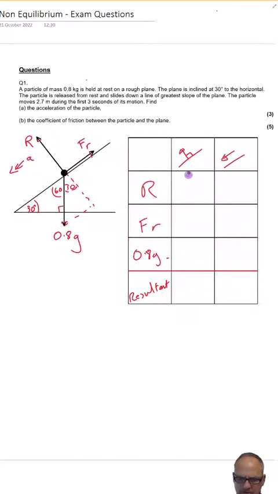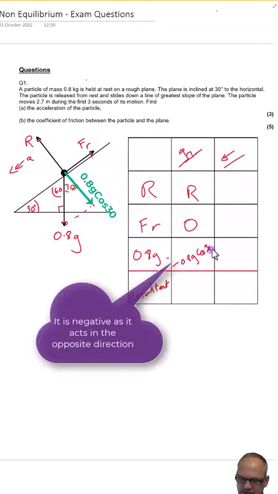So R acts completely that way, so we've got none of F_R acting perpendicular. And we've got this component of 0.8 g, so it's going to be minus 0.8 g cos 30, because that is the component of that section. If you take that angle and that side, that's going to be 0.8 g times cos 30.